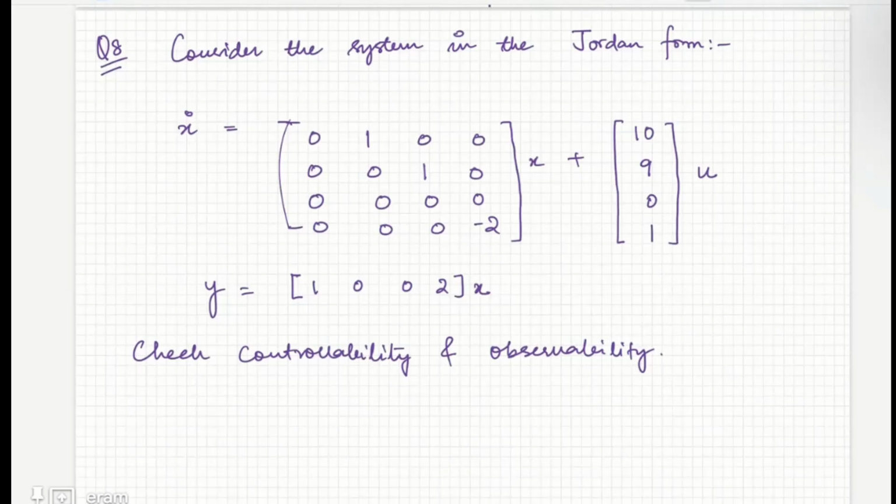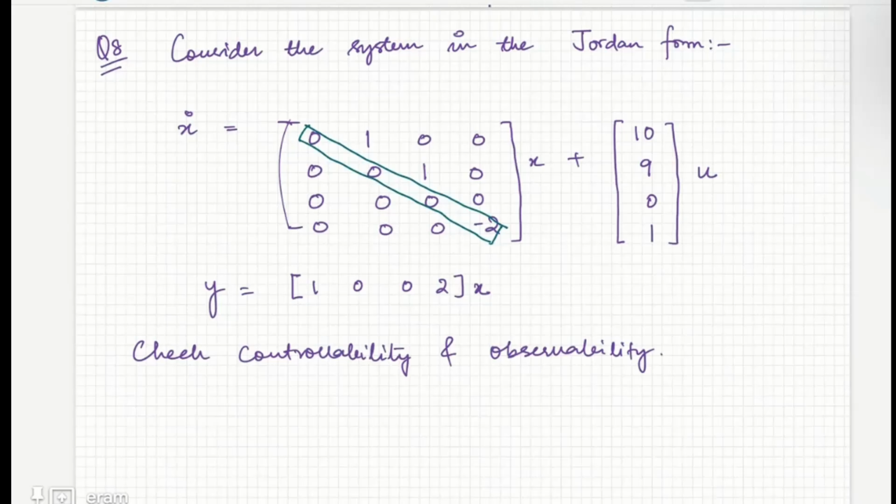Now for this system, let's first identify the eigenvalues and the Jordan blocks. The eigenvalues can be quickly found by looking at the diagonal entries.